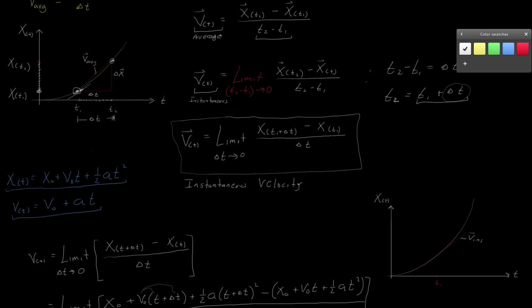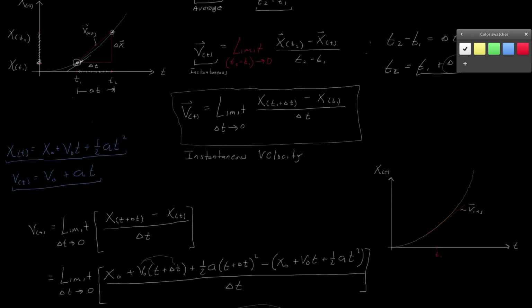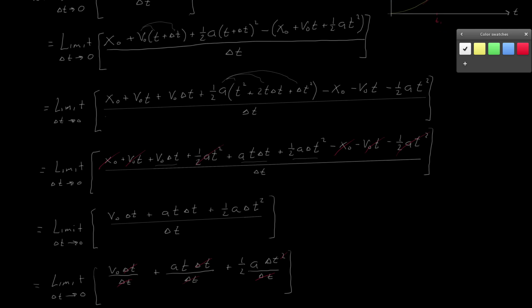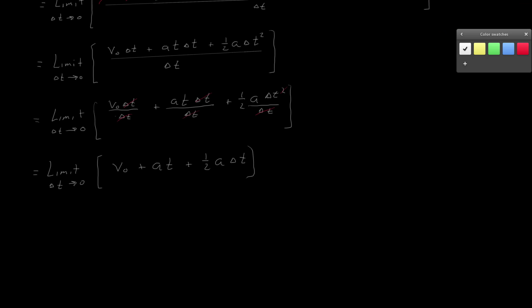We're looking at that secant line right there. Delta t is essentially 0. Not 0, but infinitely close to 0. So 1/2 times a times something that's almost 0. This term gets infinitely small and approaches 0. And so the result of our derivative is that the instantaneous velocity will be equal to v0 plus at.